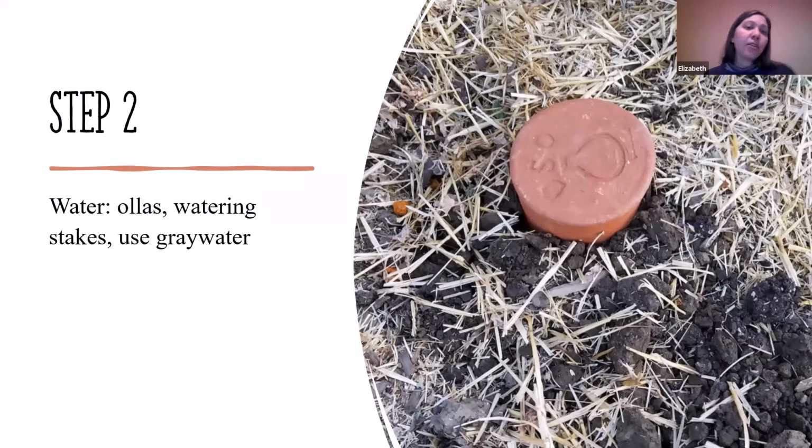And finally, the gray water. So eventually we'll get gray water systems put in. But in the meantime, I've been collecting shower water, like just in a bucket, and also sink water in the kitchen.